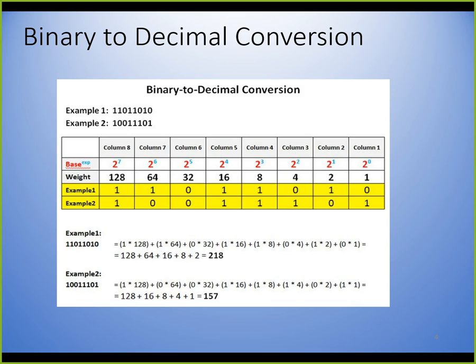Computers don't read decimal at all. We've talked about binary and bits, and ones and zeros are available to us. That's how the computer sends its information. It has ones and zeros. That's the way it works. Binary numbers.